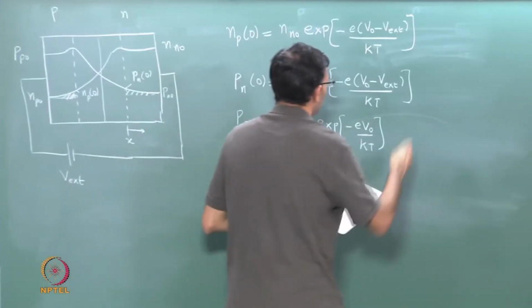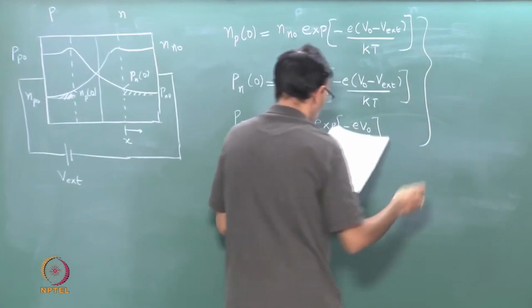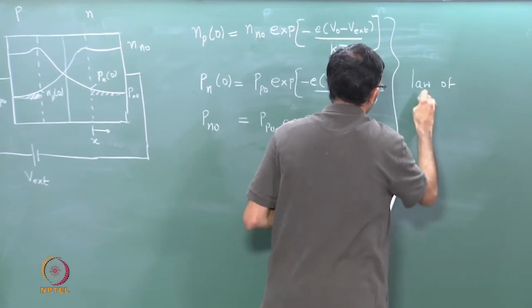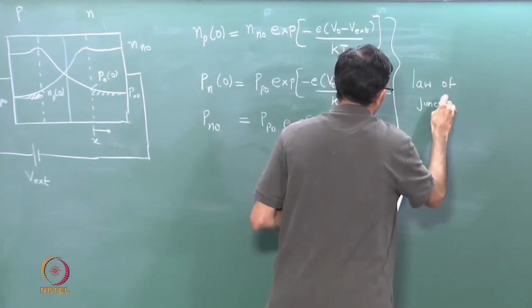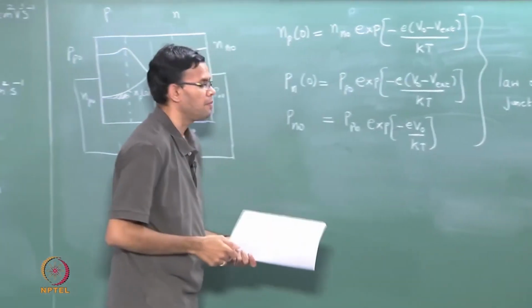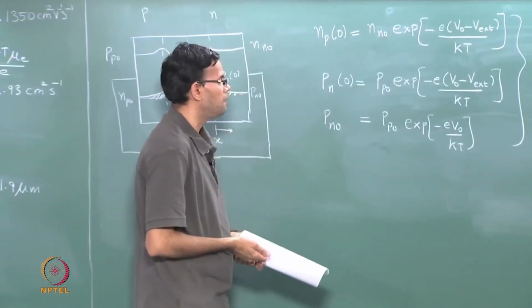These equations together are called law of junction. So, they describe how the junction behaves when you apply a bias.